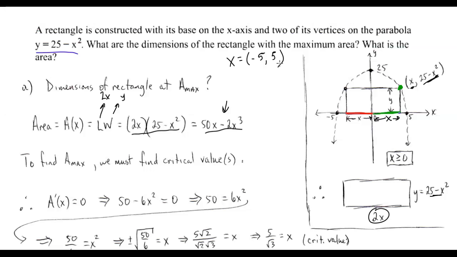Having a -5 really didn't make a whole lot of sense here, but I'm just talking about going from this point to this point. If we were to let x equal 5 or -5, then our rectangle would have an area of 0, because y would be 0. And that's not possible for our situation, so we have to exclude -5 and 5 here.